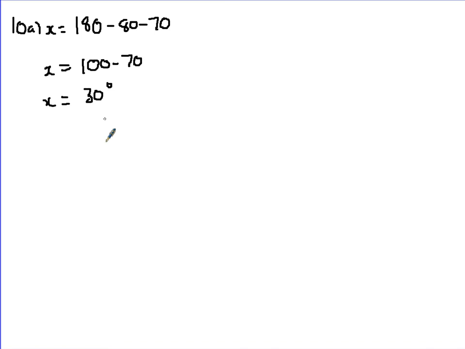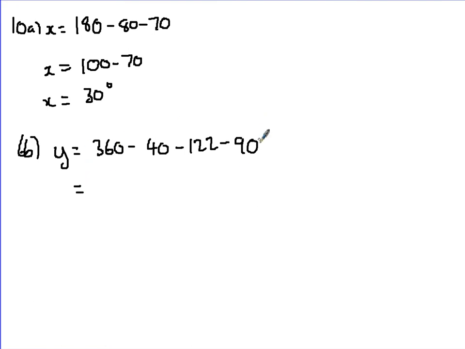30 degrees. And then for B, the fact you need to be aware of for B is in a quadrilateral the angles add up to 360 degrees. So Y will be 360, take away 40, 122, and then that square. Now that square is a right angle, which is 90 degrees. So first thing I'm going to take the 90 degrees away, which gives me 270.